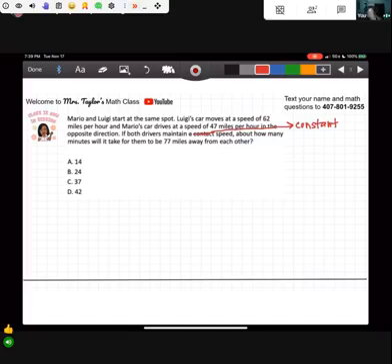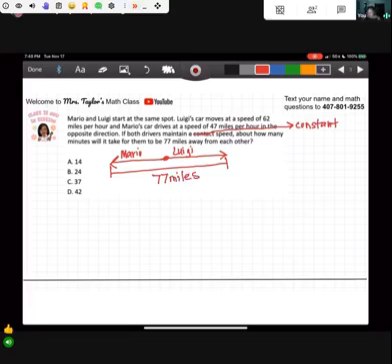So before I start actually doing the calculations of this problem, I would like to give you a visual. Mario and Luigi start at the same spot. So here's the spot that they're starting at. One person goes one direction and the other person goes the other direction. So we'll say Mario goes this way and Luigi goes this way. And it really doesn't matter because they didn't really say. All we know is that at some point the two are going to be 77 miles apart.